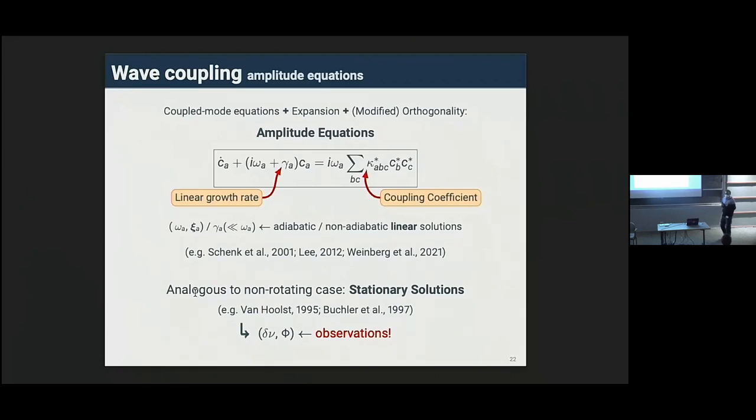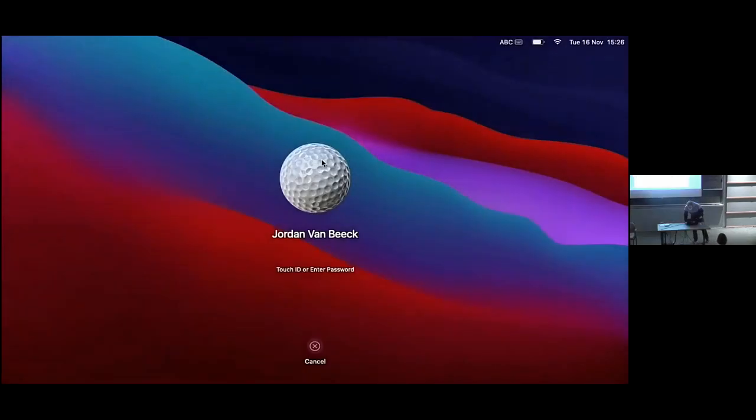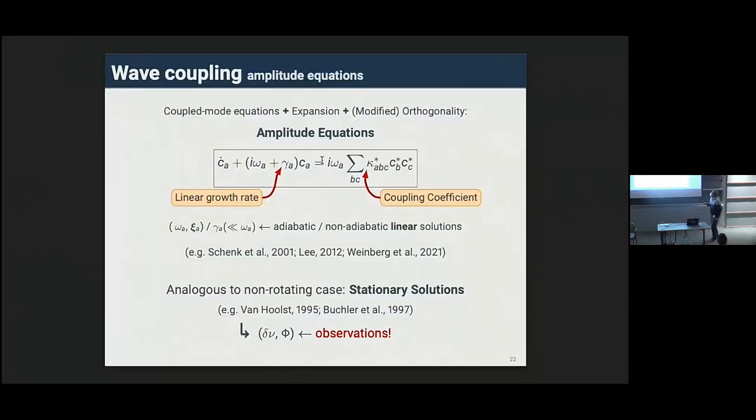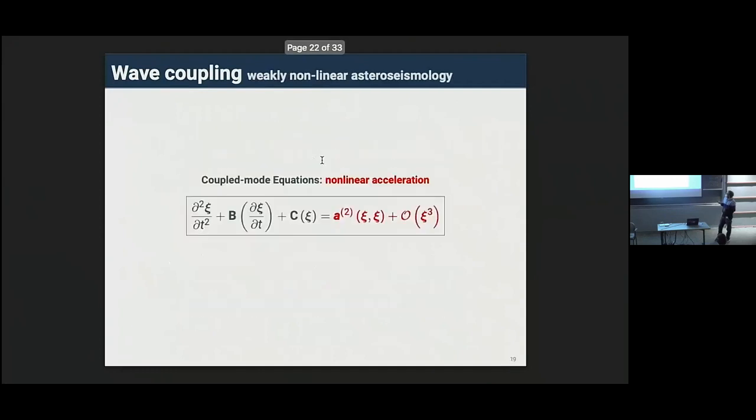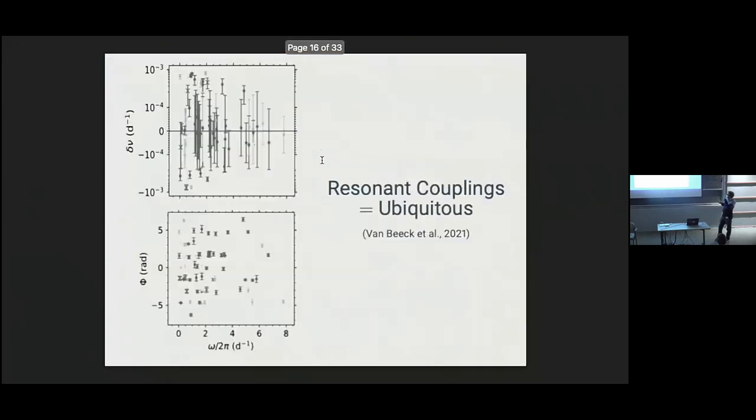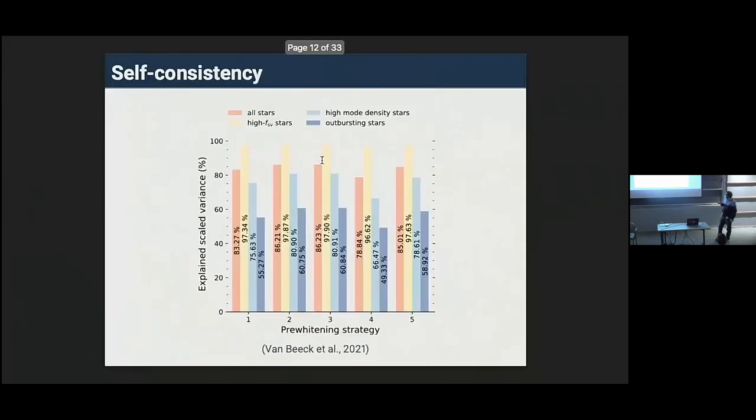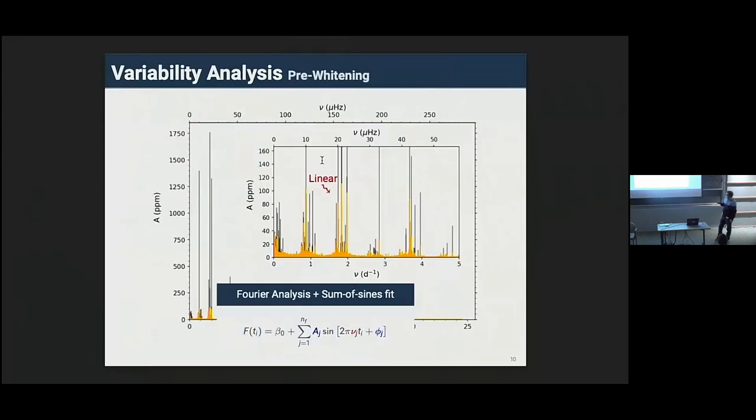I just want to be able to actually measure the amplitudes of the modes just by looking at how much the light curve is wiggling. So that's basically what we're doing with the construction of our sum of sines model, right?